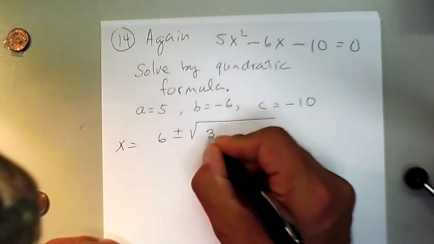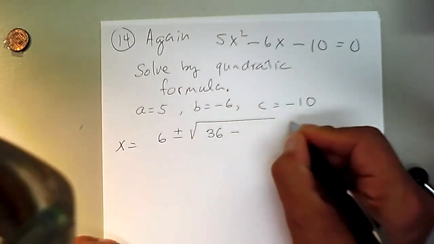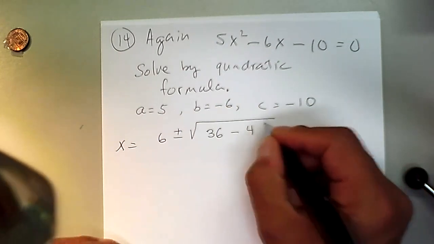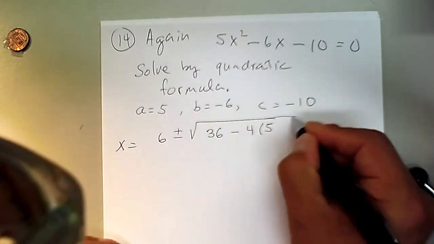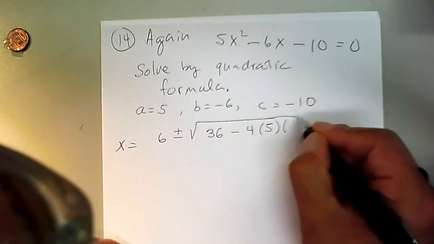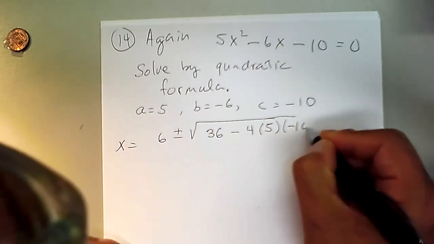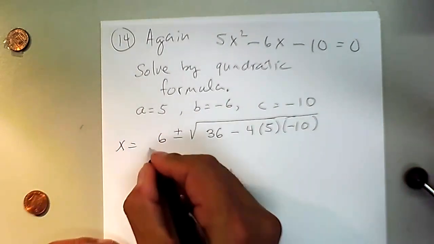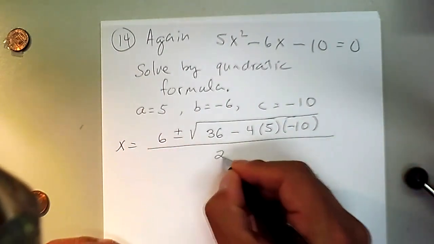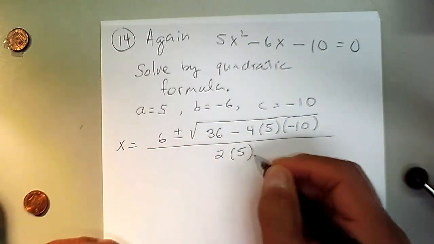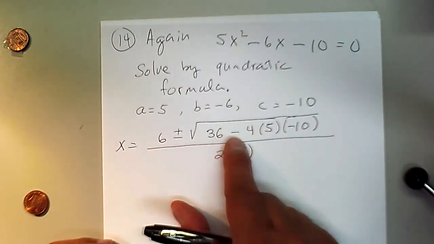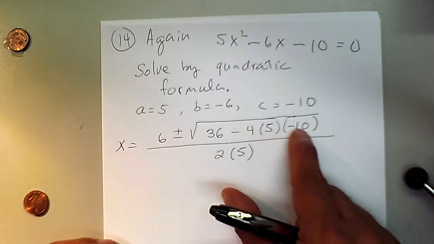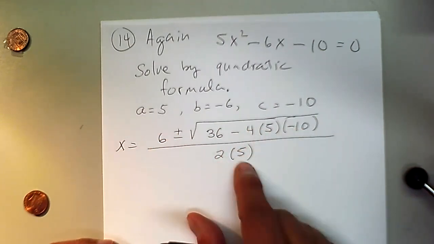So that is 36 minus 4 times A times C, all of that over 2 times A. Opposite of B plus or minus the square root of B squared minus 4AC, all over 2A.